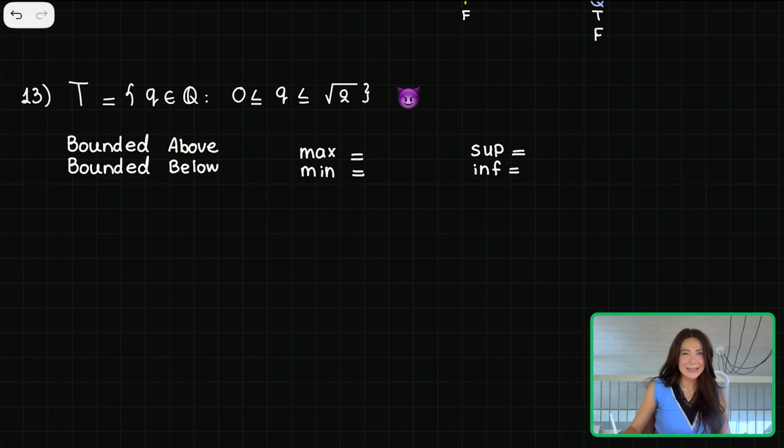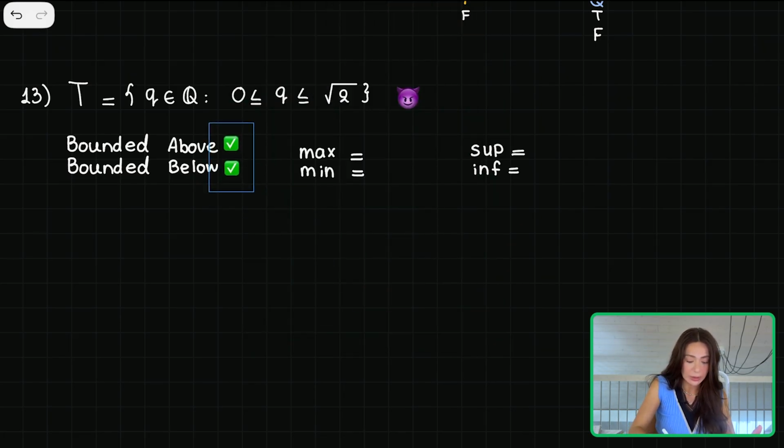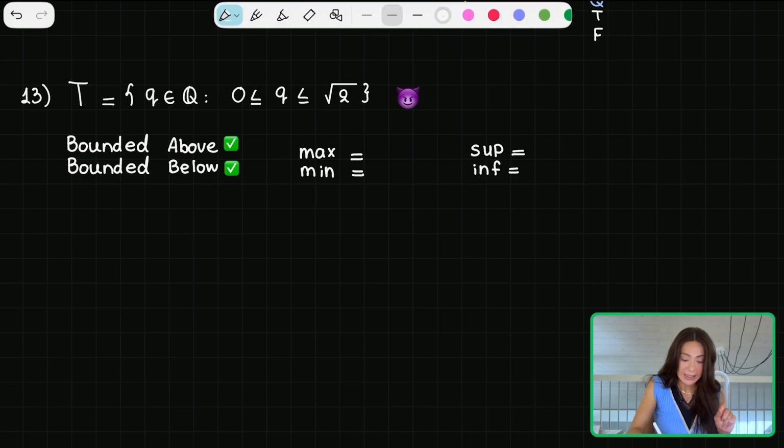Now 13 is a little tricky because again, we are not considering the real number line R, we're considering only rationals, Q, and we are between 0 and square root of 2. Now it is bounded above and below, clearly. It does not uncontrollably grow above a certain point or decrease below a certain point. But the tricky part is, does it have a maximum?